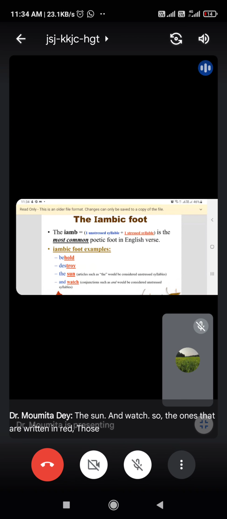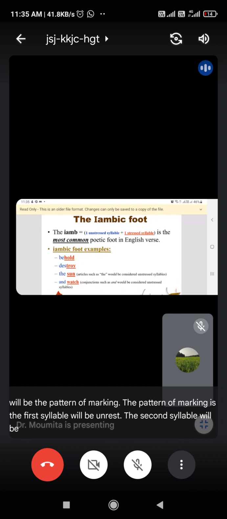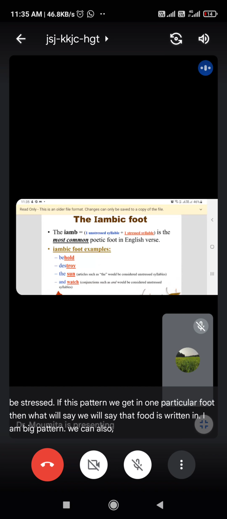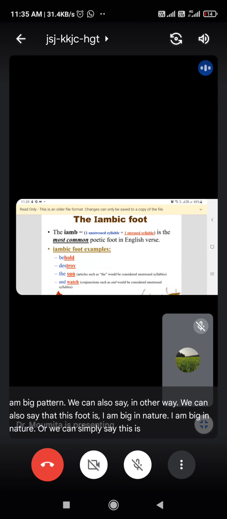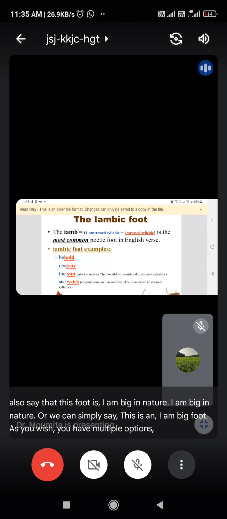Two syllables. And what will be the pattern of marking? The first syllable will be unstressed, the second syllable will be stressed. If we get this pattern in one particular foot, then we say that foot is written in iambic pattern. We can also say that this foot is iambic in nature, or we can simply say this is an iambic foot. As you wish, you have multiple options. This is an example of iambic.